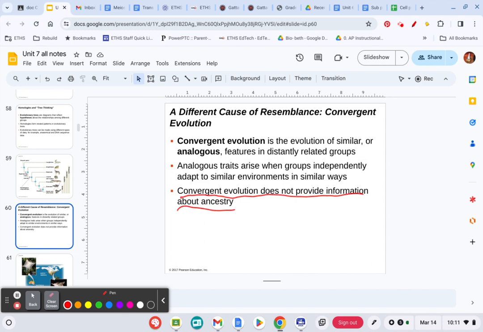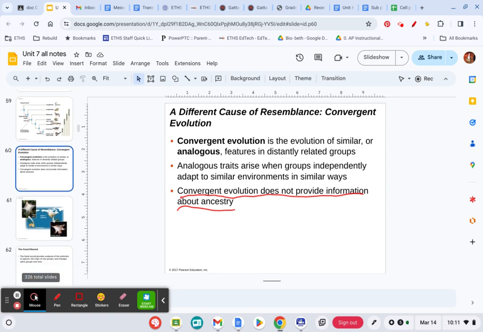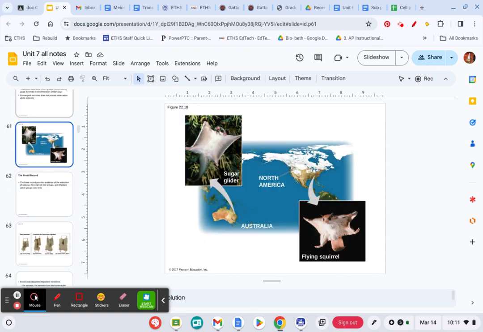The example they show here on the next page is of gliding squirrels. They're not really flying squirrels, but we have a flying squirrel in the eastern, southern United States. It doesn't literally fly. It doesn't flap its wings and go for miles and miles, but it can glide from tree to tree.